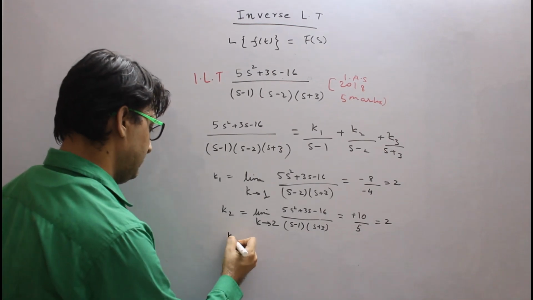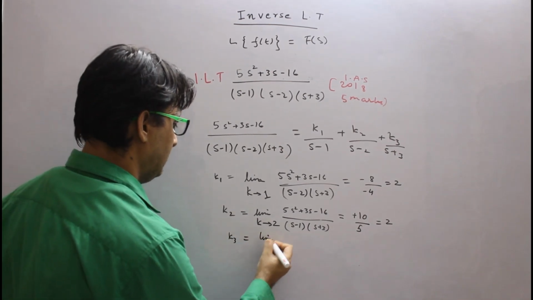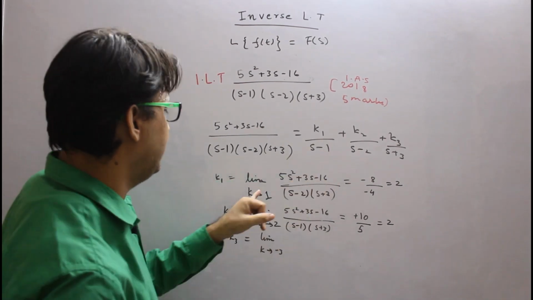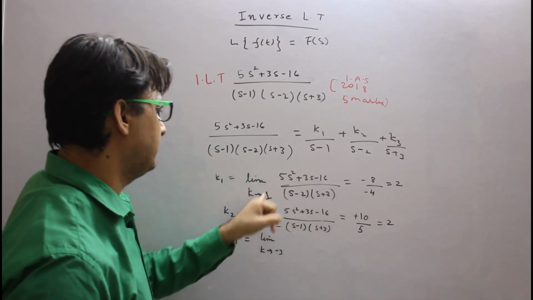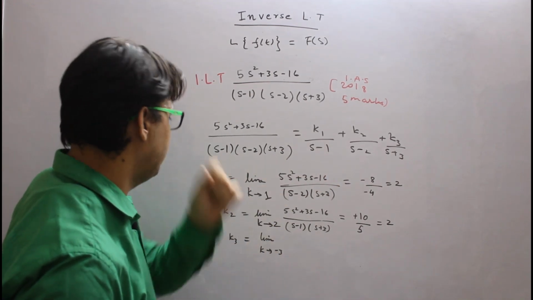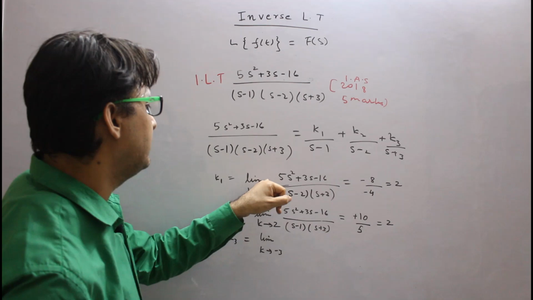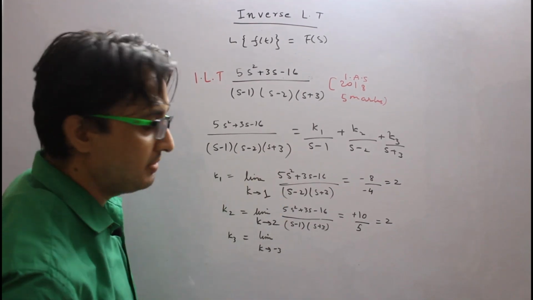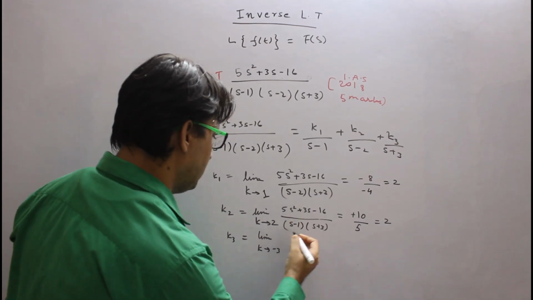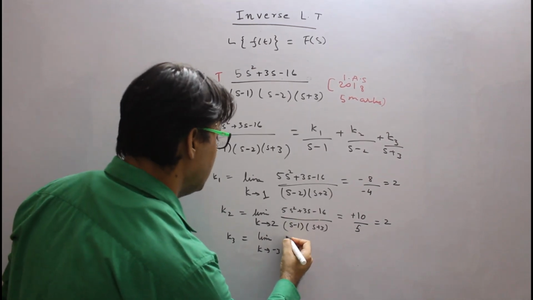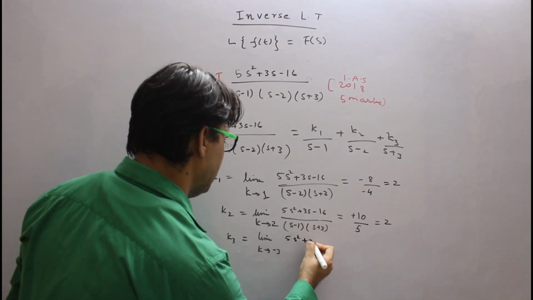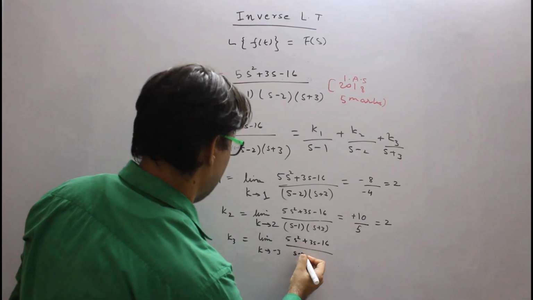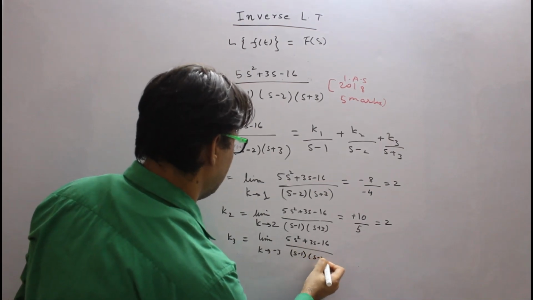What is k3? Limit s tends to minus 3. What we are actually doing, we are taking the poles. Poles over here are 1, here 2 and here minus 3. So 5s square plus 3s minus 16 divided by s minus 1 into s minus 2.